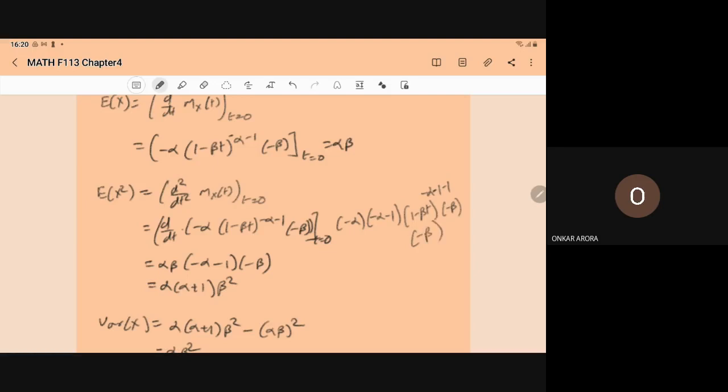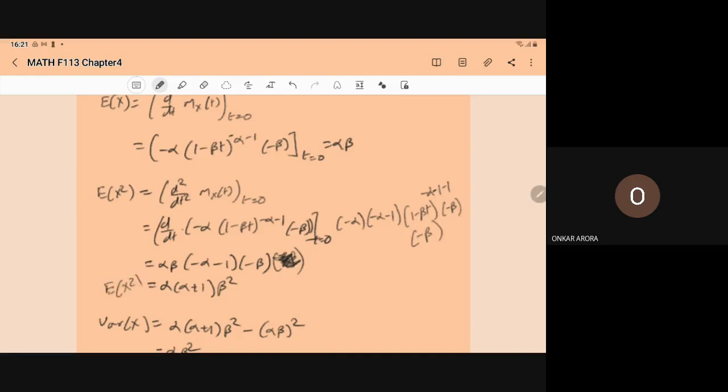Earlier we have written this alpha beta, so it is alpha beta bracket minus alpha minus 1 into minus beta. This will give you alpha into alpha plus 1 into beta square. So that is E of X square.